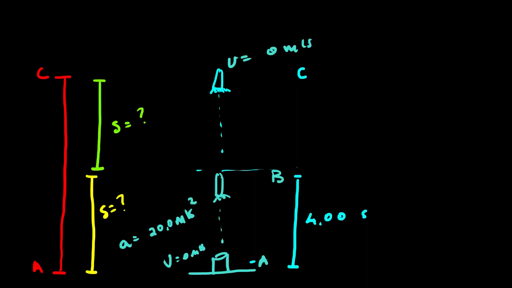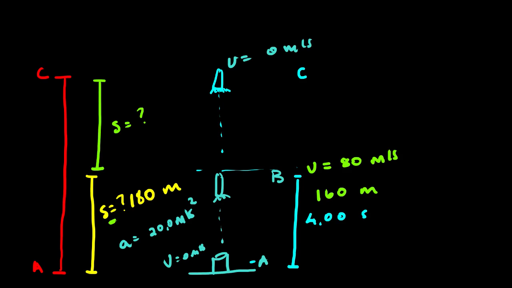So we can go to this information to say our displacement here, it's 160 meters, and then the velocity at this point, it's 80 meters per second. But remember, we are looking for the distance from A to C, or the maximum height. We have 180 here, meters.